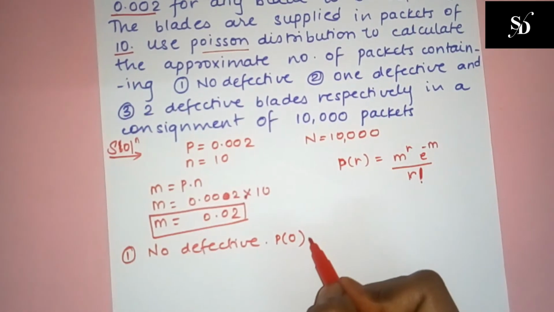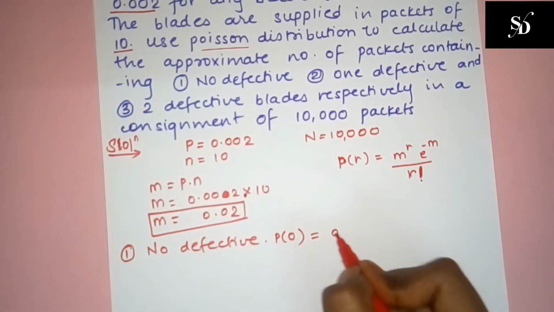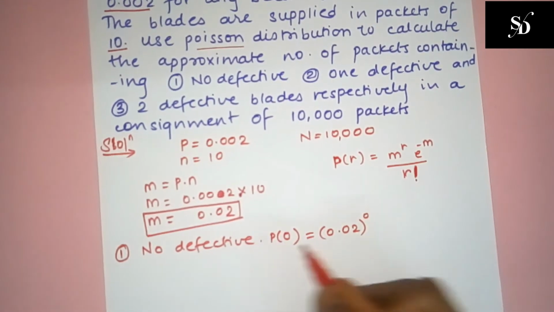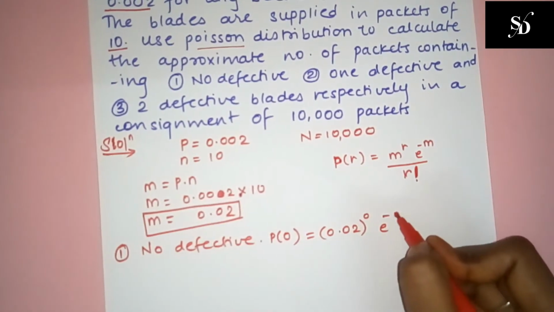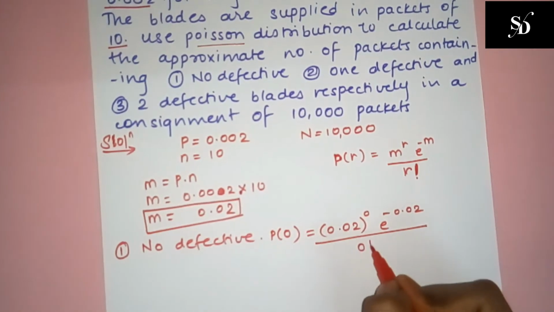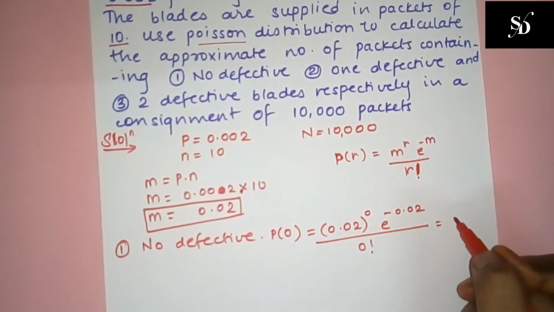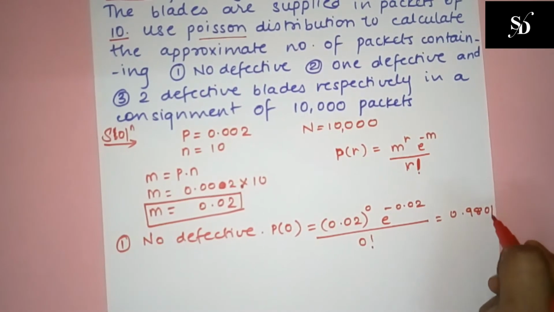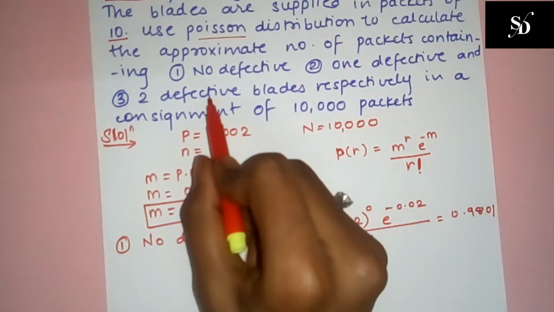We put it into the formula: m, that is 0.02, raised to R, which is 0, then e raised to minus m, where m is 0.02, upon R factorial, that is 0 factorial. Now you can solve this. I will write the answer over here, you can check it once in the calculator. It is 0.9801.